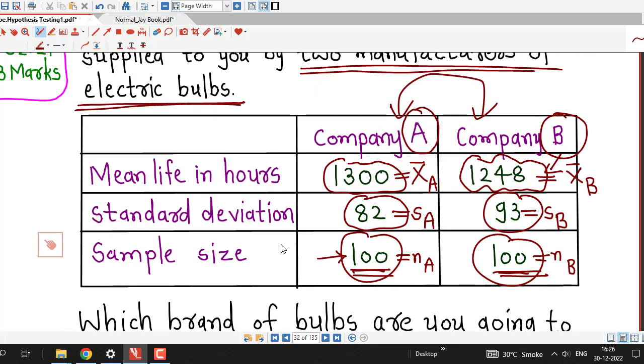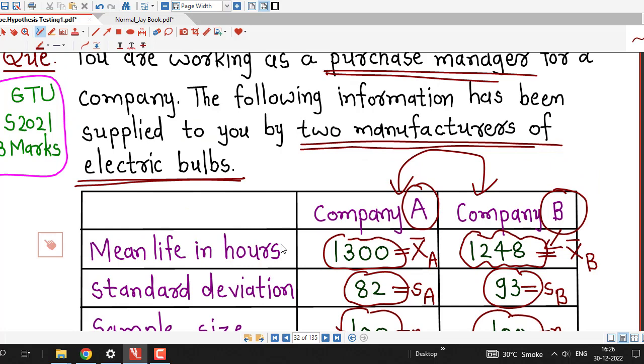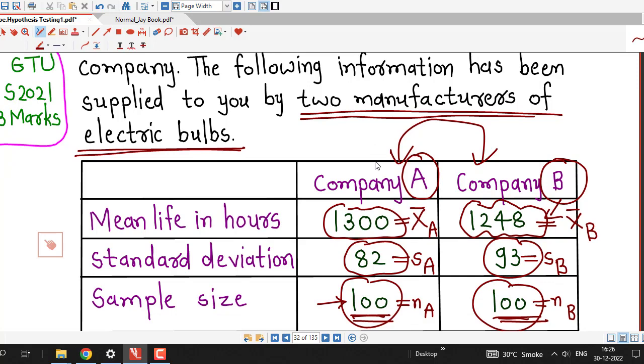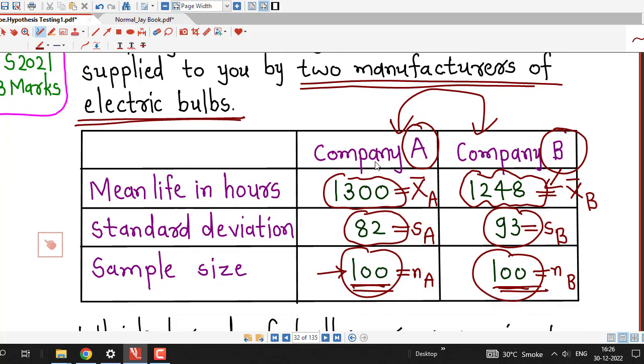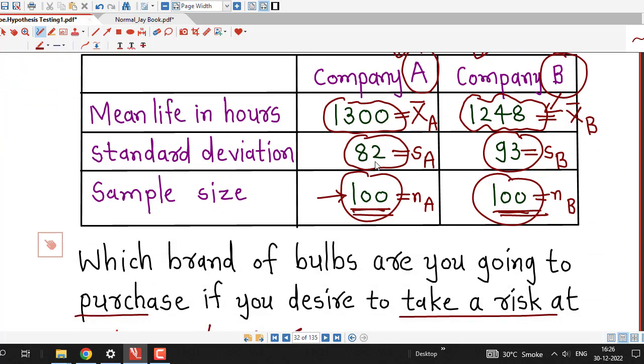You are getting this information from two manufacturers of electric bulbs, and based on this information from the two sample data, you have to decide which brand of bulbs is superior, so that you can purchase that brand of bulbs.